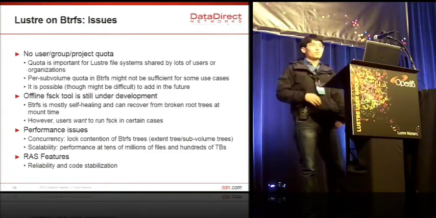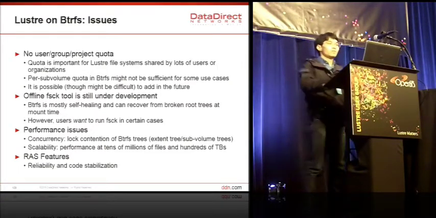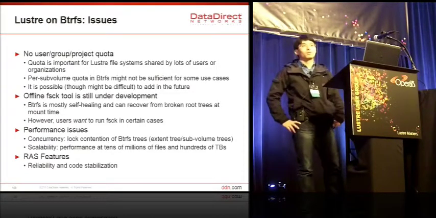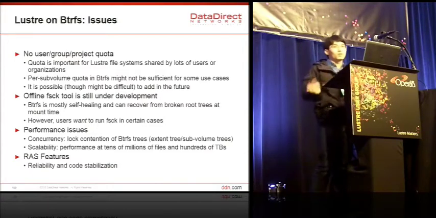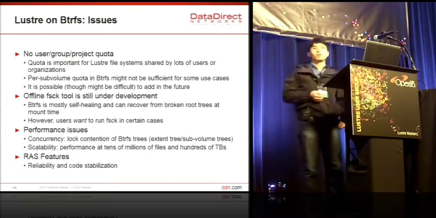Of course, there are some issues we need to think about, and maybe fix in the future. For example, Btrfs doesn't have user, group or project quota. Quota is very important for Lustre because typically Lustre file systems are shared by lots of users and organizations.